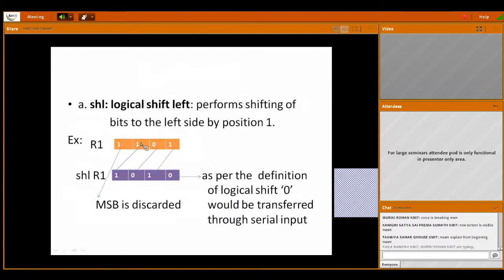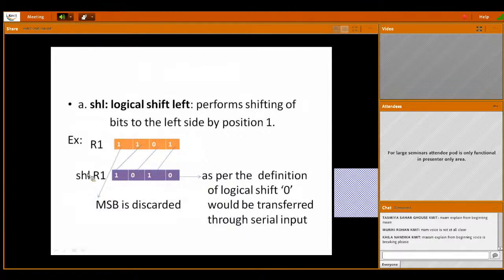Now when you perform a logical shift left, which is represented with SHL on R1, what happens?